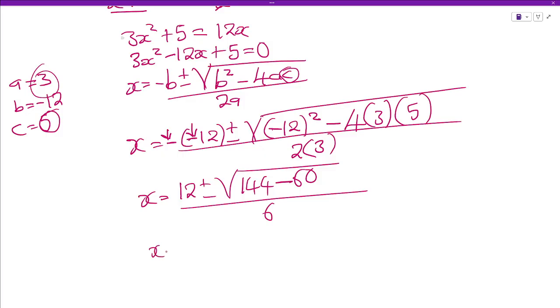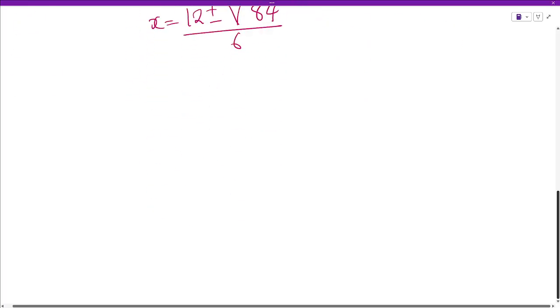So meaning x is equal to 12 plus or minus the square root of 144 minus 60. That gives me positive 84, everything over 6.